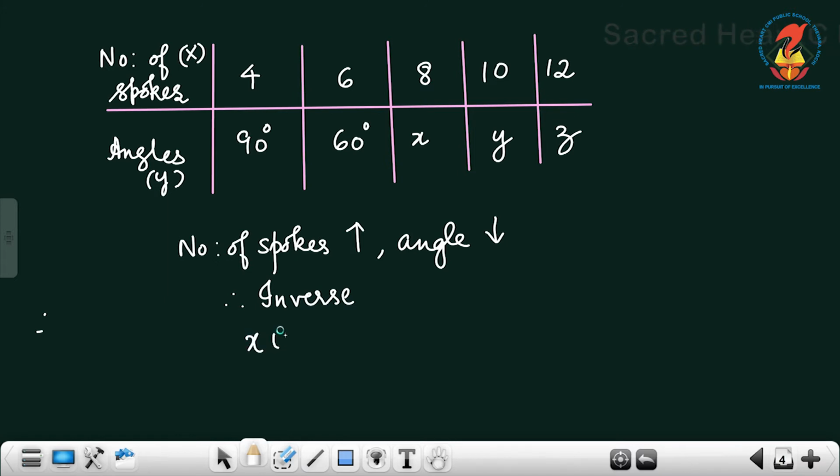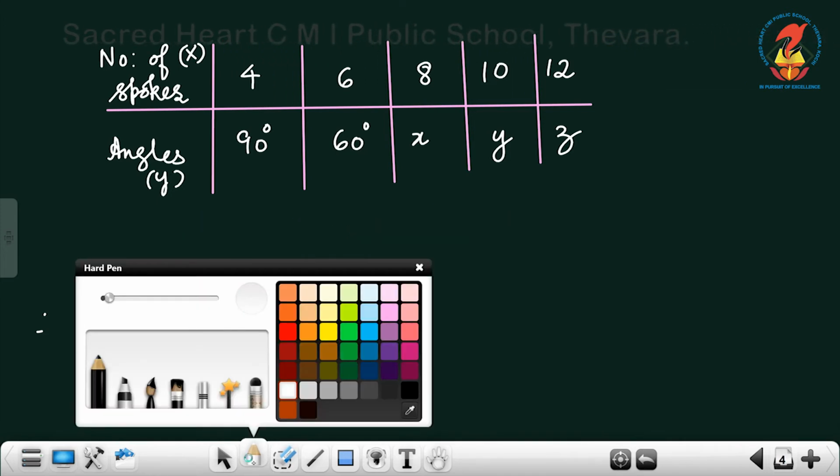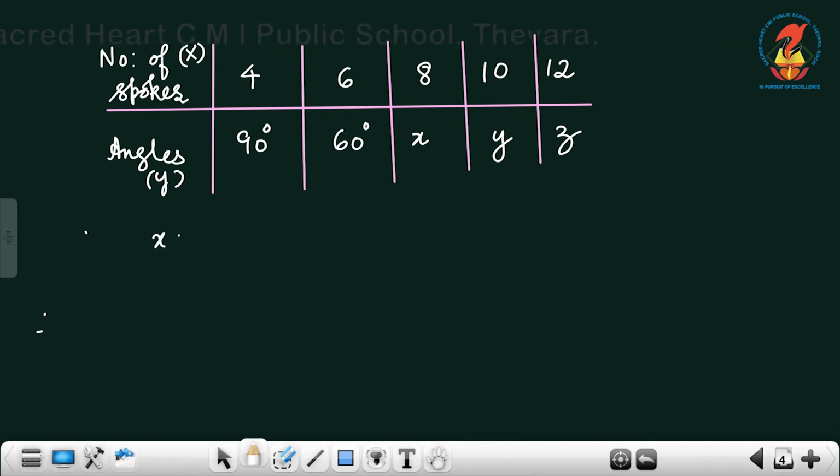For an inverse proportion, when we take the product, it will be a constant value. So here, first X into Y, 4 into 90, which is equal to 360.